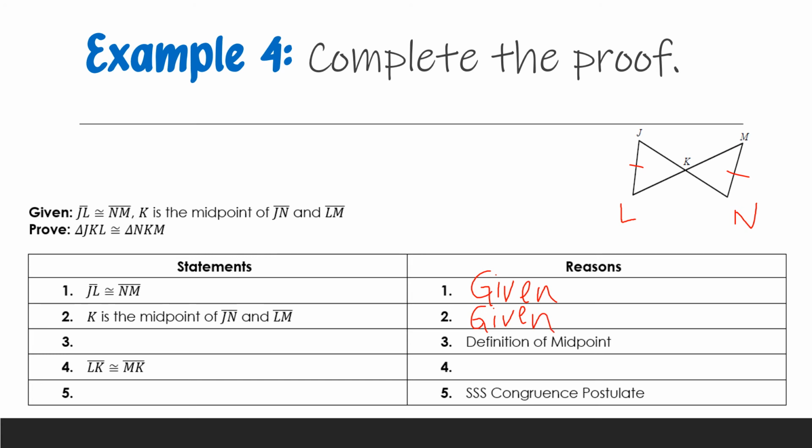So if K is the midpoint of JN, what that means is that JN is cut into two congruent segments. So that would mean that JK and NK are congruent. JK is congruent to NK. And likewise, if K is the midpoint of LM, then LK is going to be congruent to MK. And we know that because that is the definition of midpoint.